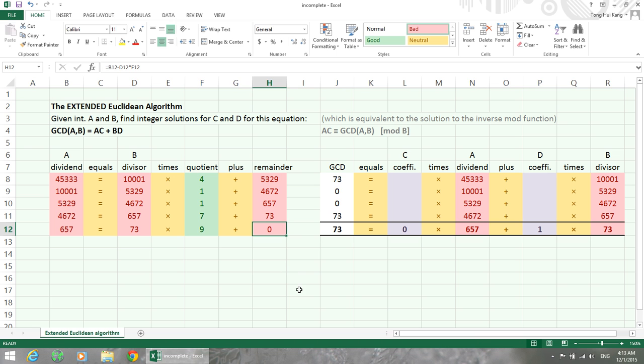So in this bottommost line, we start with 73 equals 0 times 657 plus 1 times 73. And now the next line, 73 equals how many times 4672 plus how many times 5657? So let's write in the margins.